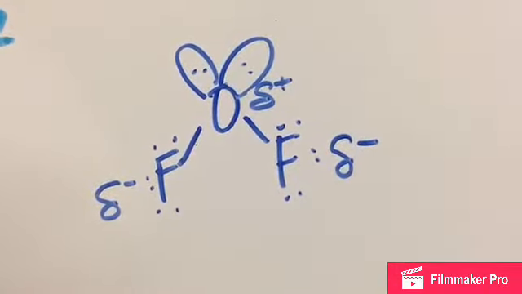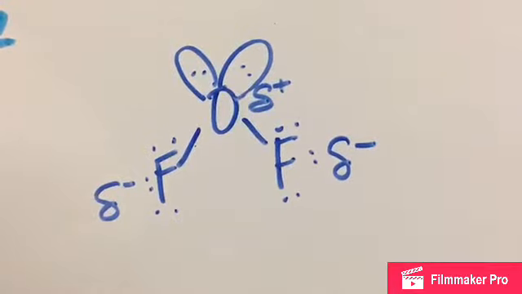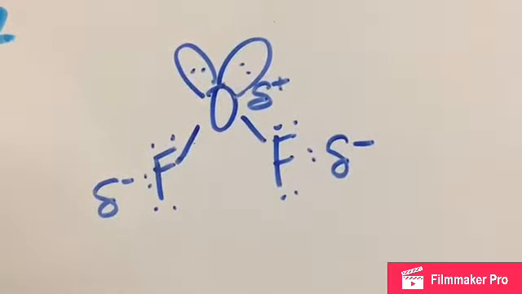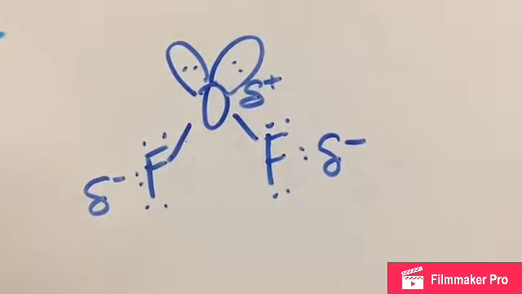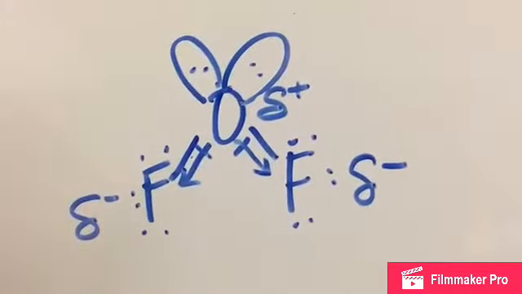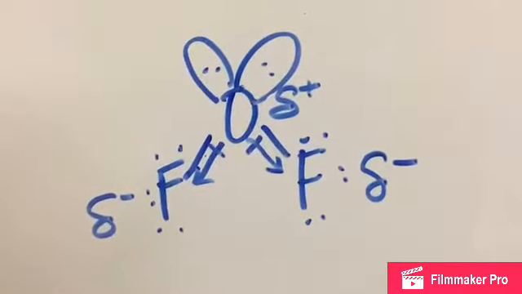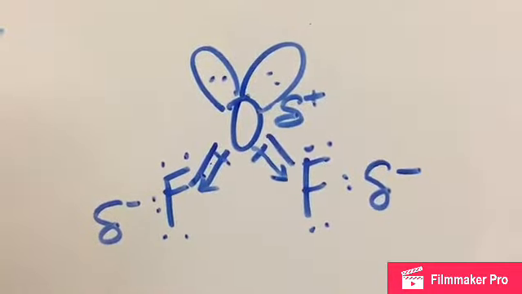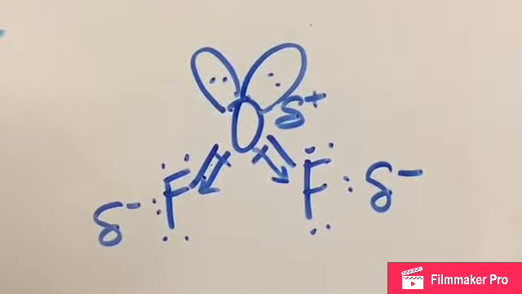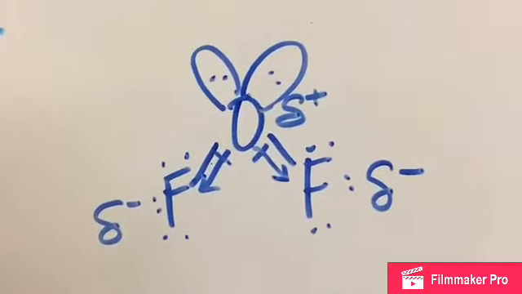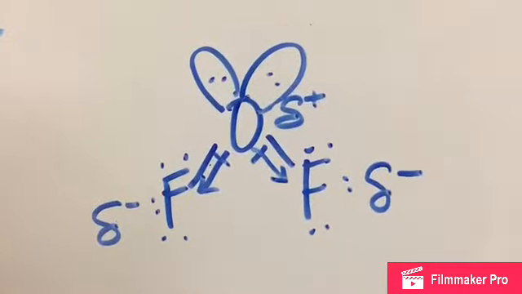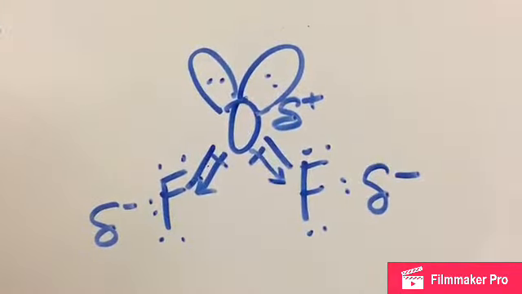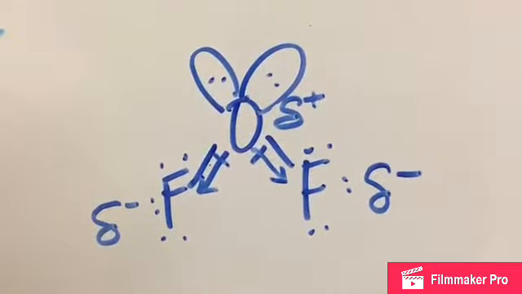This gives it a partial negative charge. Now let's draw the bond dipoles. So the bond dipoles will have a positive tail towards the O atom, which is slightly positive, and will extend towards the partially negative fluorine atom.